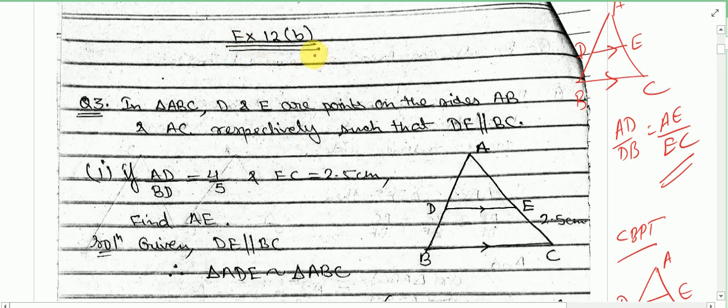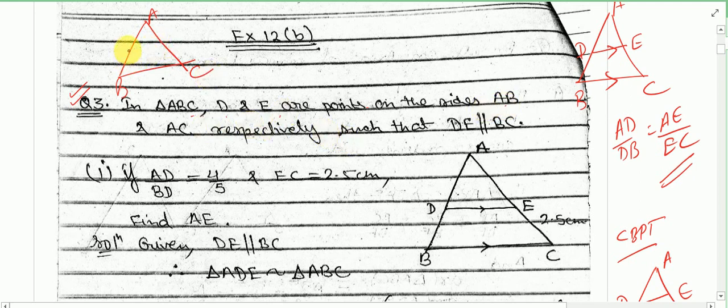So today we are going to start exercise 12b, and from exercise 12b I am doing question number 3. So question number 3 says that in triangle ABC, D and E are points on the sides AB and AC respectively.